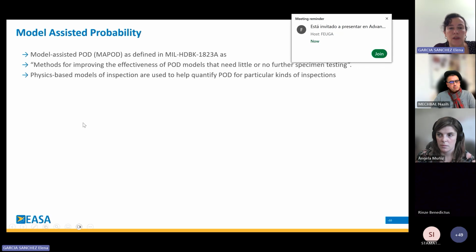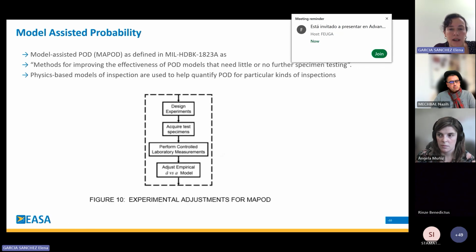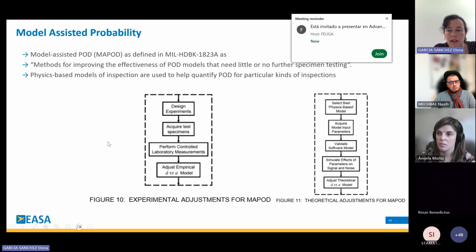You test a few, and the rest you interpolate by analysis. So you need to do some experimental adjustments with design of experiments, and also some theoretical adjustments taking benefit from your physics. But this is a more complex approach, and this is not so evolved yet, as far as I know.